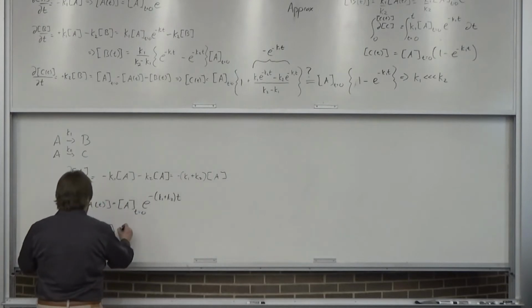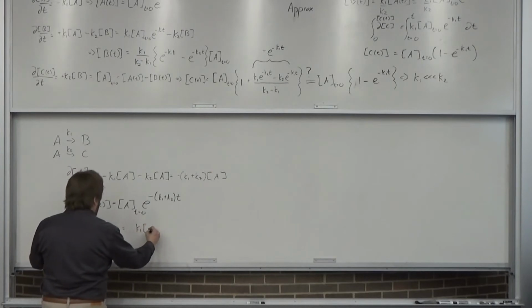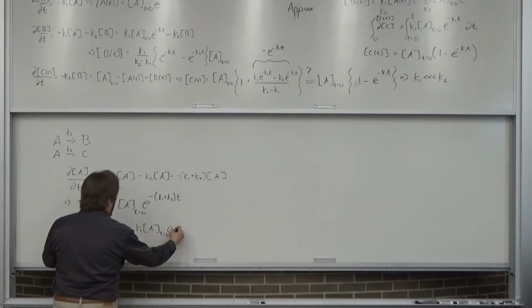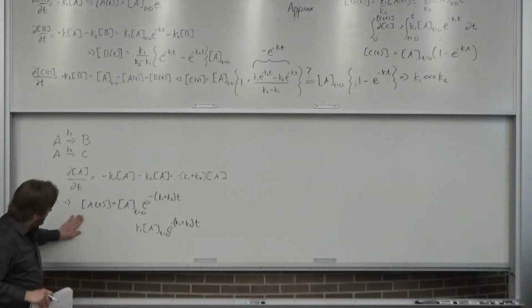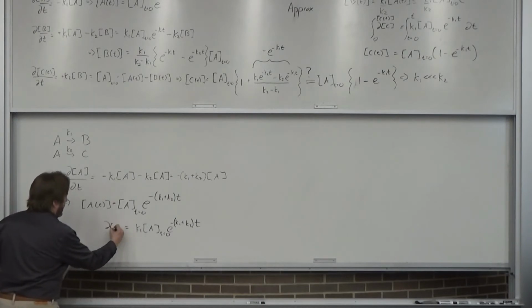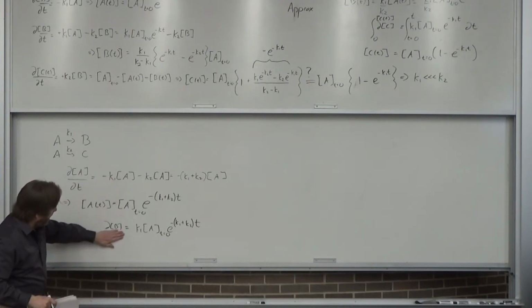This is k1 times A at t equals 0, e to the minus (k1 plus k2) t. I'm just writing what I already wrote down. Now let me bring the dt over.